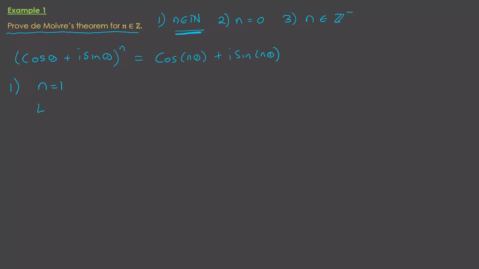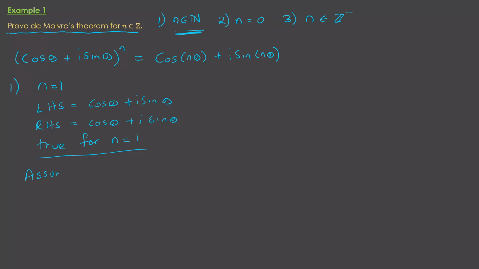If we do that, the left-hand side is just cos theta + i sin theta, and the right-hand side is also cos theta + i sin theta. So we can say that this is true for n equals 1. And that's our initial case done. And now we need to go on to the inductive step.